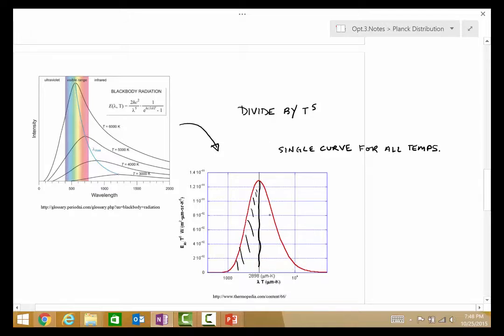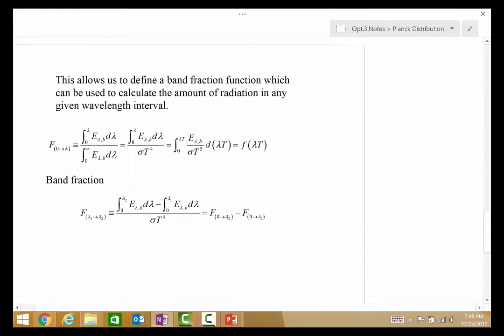So if we looked at the total area under the curve, the area under the curve here corresponds to the total amount of radiation emitted in the system. This is an easy way to collapse this type of value.